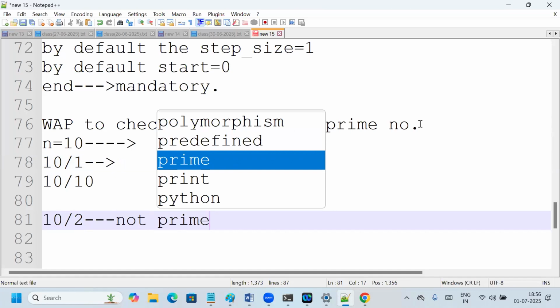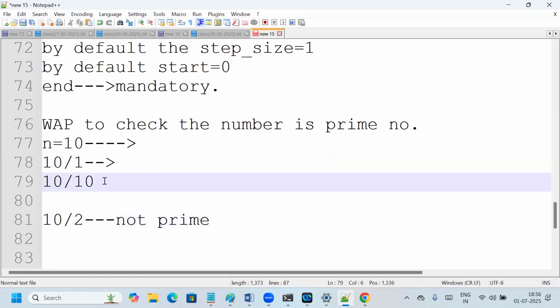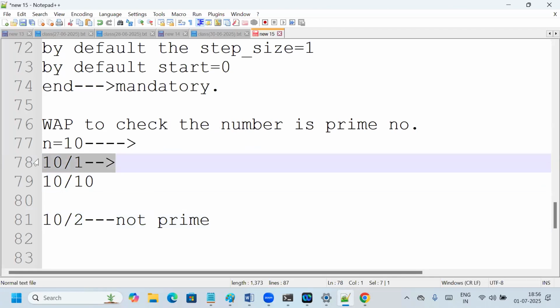So guys, you have to count the number of divisors. If you are getting more than 2 divisors, it's not prime. Yes or no? Every number is divisible by 1, so remove 1 also. Start the i value from 2.